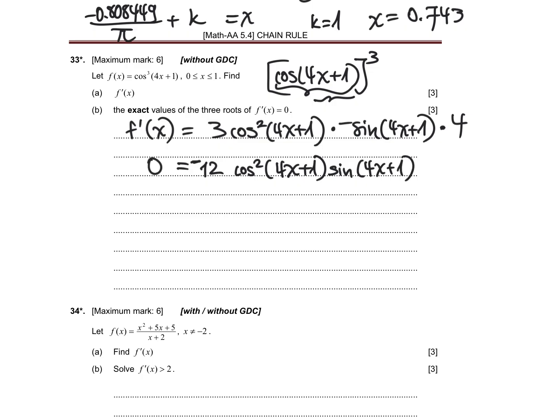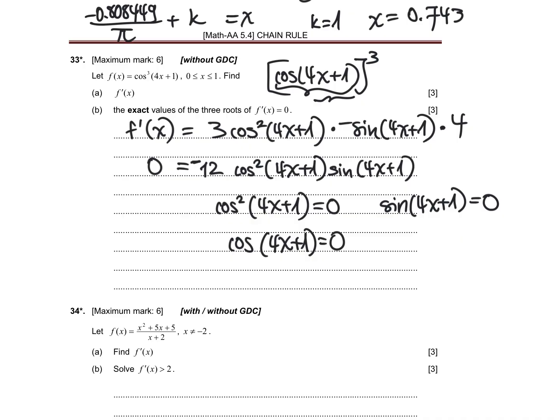So divide by negative 12. Now we're going to have cosine squared of 4x plus 1 equals 0, and sine of 4x plus 1 equals 0. If we square root for the cosine, the square root of 0 is just 0.